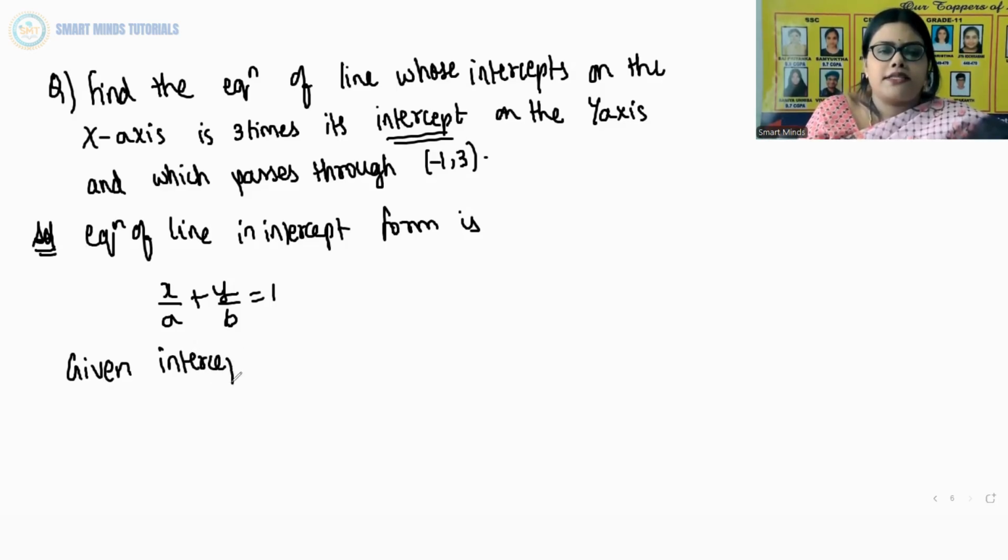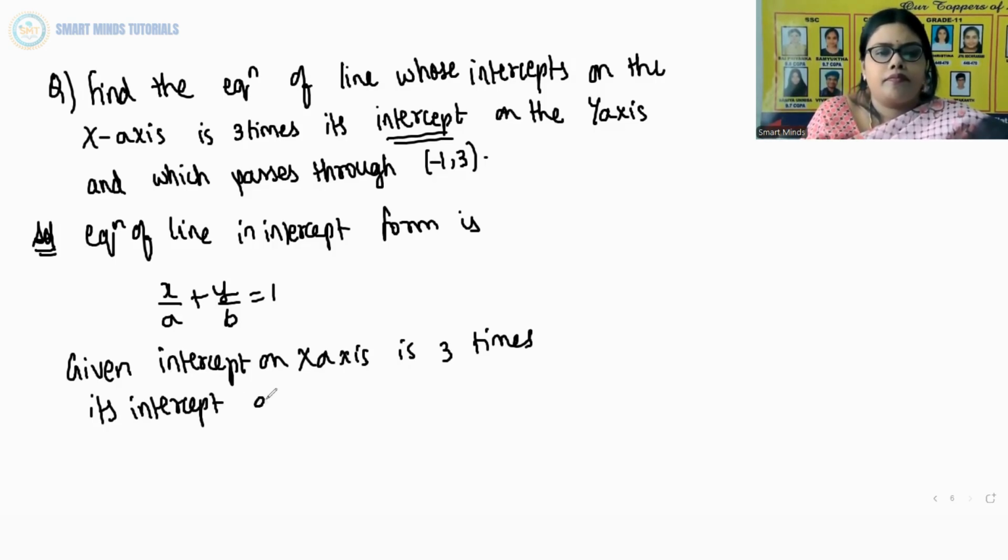Intercept on the x-axis is 3 times its intercept on the y-axis. So what does it mean? See, x-intercept is a and y-intercept is b. That means a is equal to 3b.